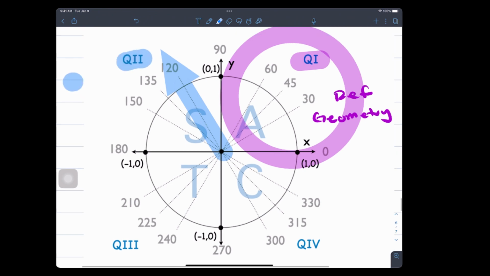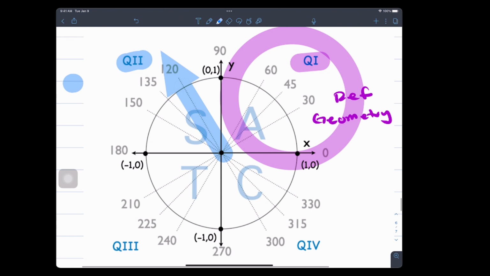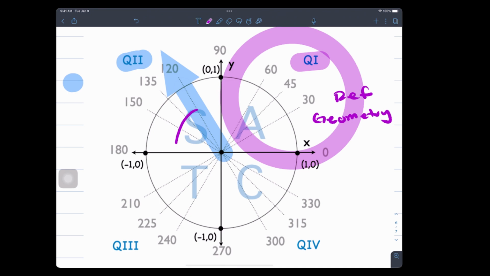So this is 120 degrees, a quadrant 2 angle. You need to know the reference angle. And you say, well, what's that reference angle? Well, we talked about this. You need that point of reference. If you don't have that point of reference, you're not going to answer the question.